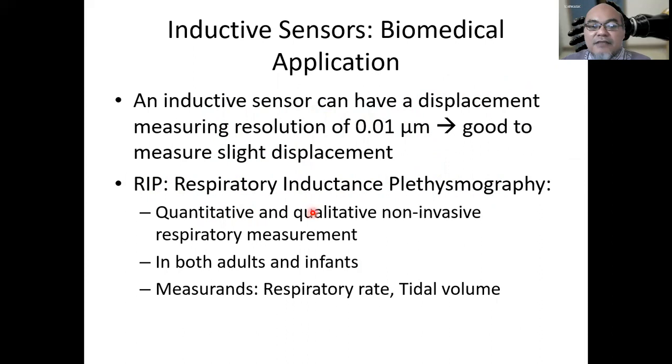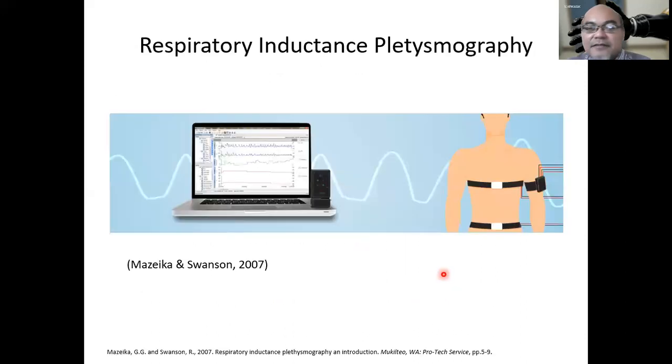So quantitative and qualitative non-invasive respiratory measurement can be done using this RIP device. It can be used in both adults and infants. The measurements in this case will be the respiratory rate, how fast or how slow the person is breathing, then the tidal volume from the lung.